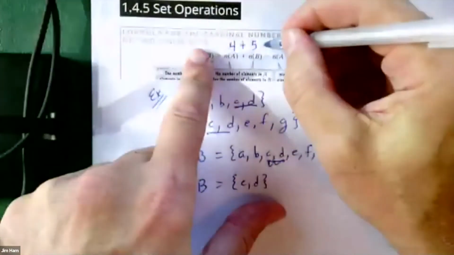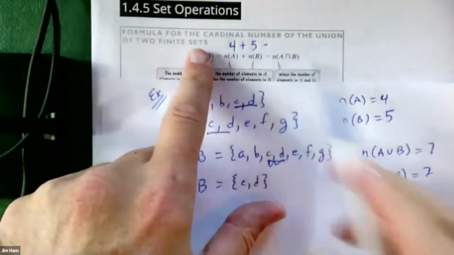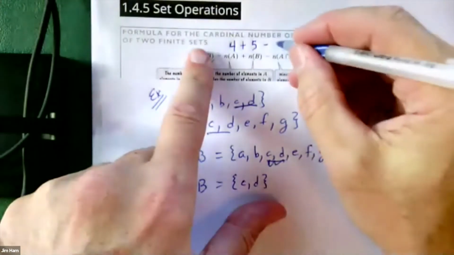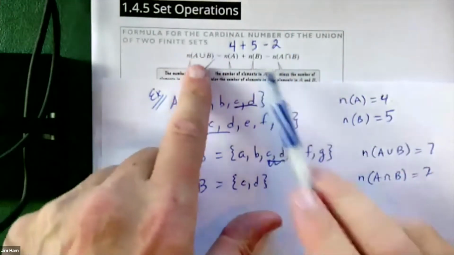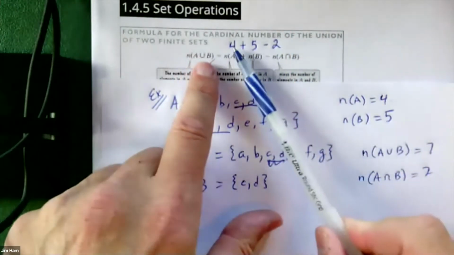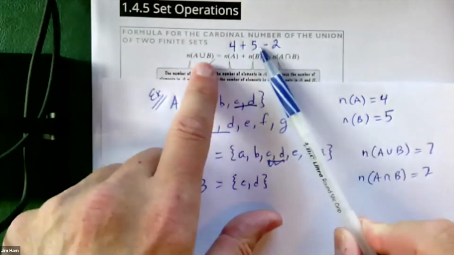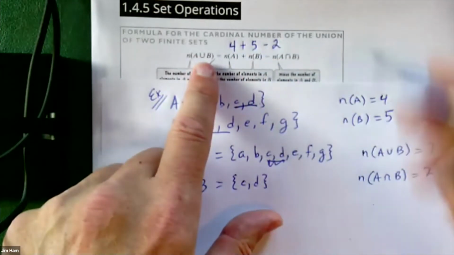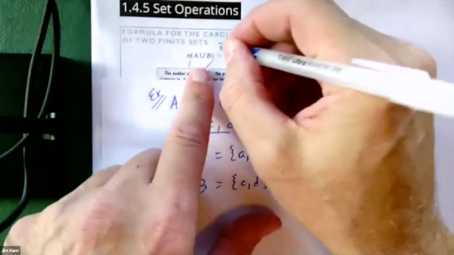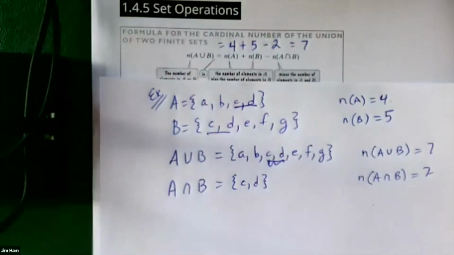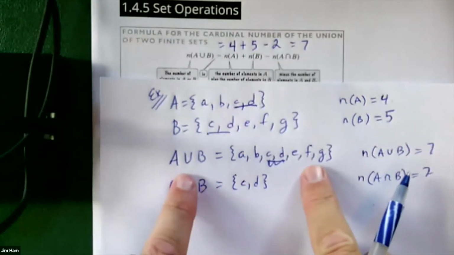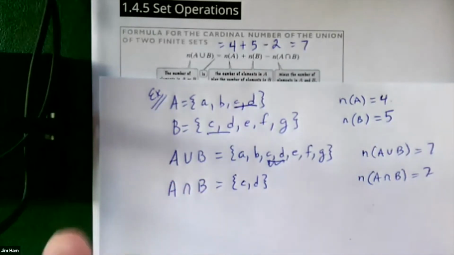Then this subtraction sign here, we take the number of elements in the intersection, which is 2. So the number of elements in the union is 9 minus 2, or 7. So we could calculate the number in the union without actually listing it by hand, but I wanted to show you why that formula works.